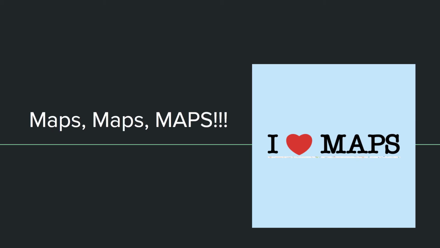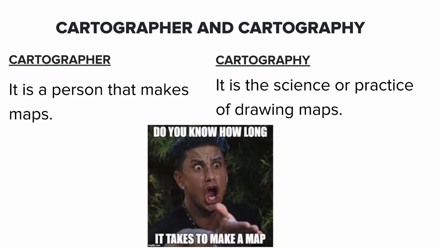Alright, so speaking of maps, I love maps. So let us get into that part. A cartographer and cartography. A cartographer is a person that makes maps, okay? But cartography is the science or practice of drawing maps. So if you can put it in a sentence, a cartographer practices cartography, right?